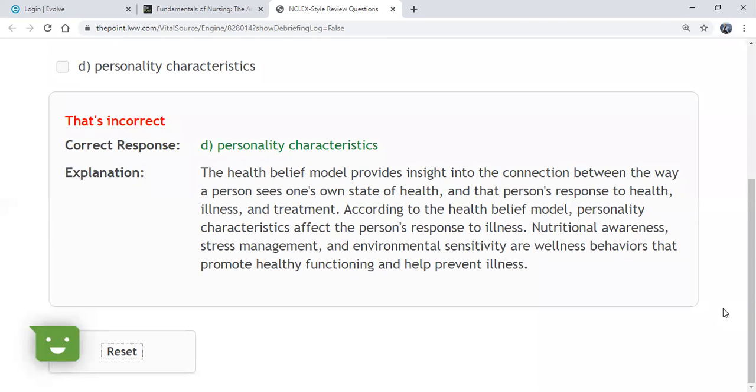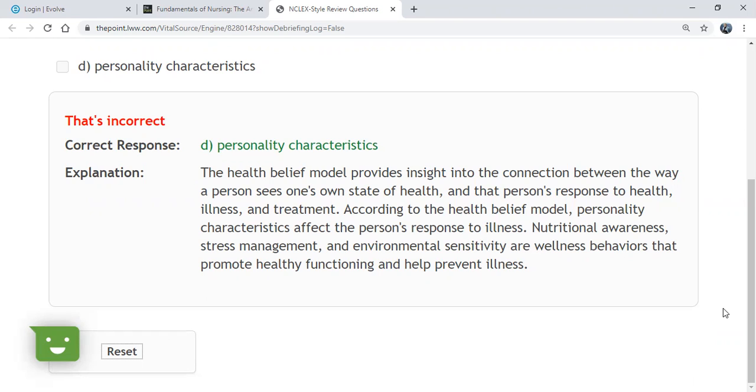It's how that person sees themselves, because some people with cancer just say, okay, so what? I got cancer, I'll go get chemo. And other ones are like, oh my God, I'm dying, I can't take this. Everybody responds differently based on their experiences, how they perceive themselves in their own state of health, what they know about that health, and how they respond to that treatment or illness.